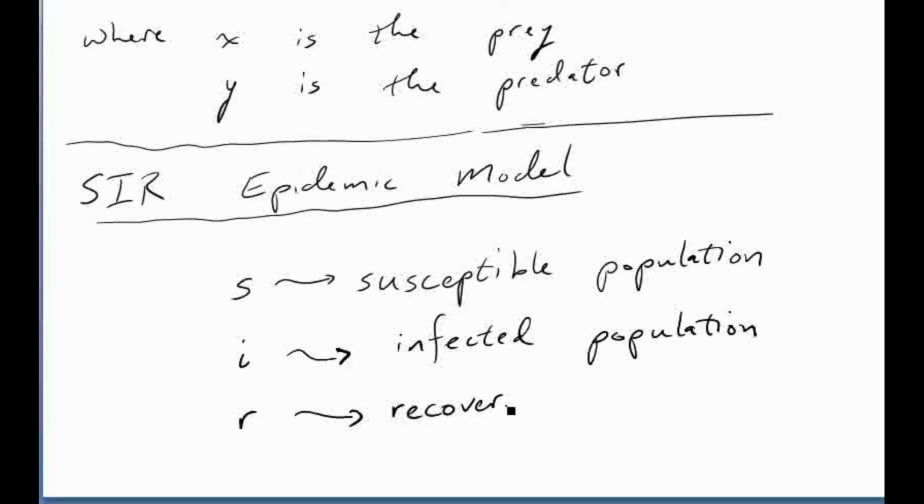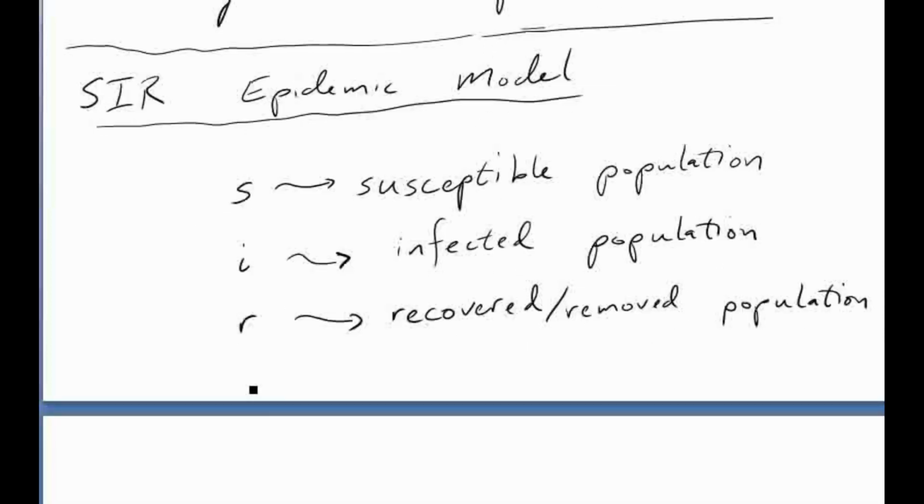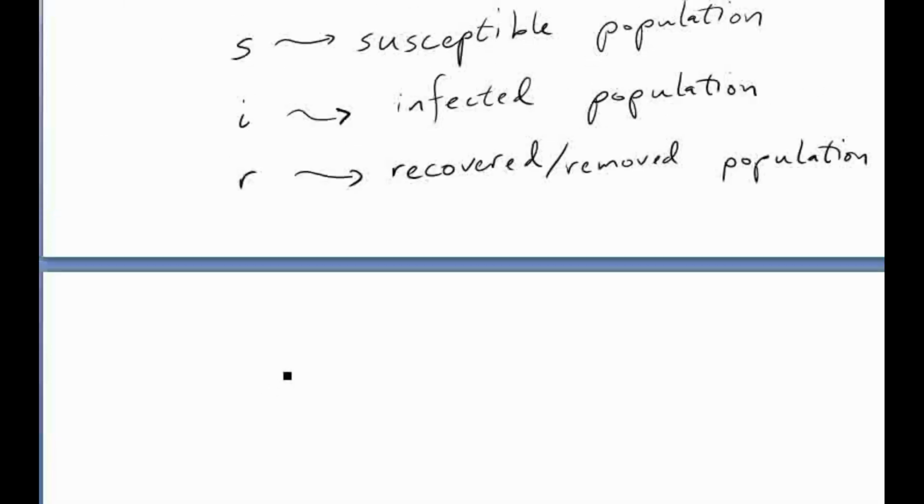So recovered/removed population. These are people who are no longer susceptible, either because they have recovered and are now immune, or perhaps they are deceased and no longer eligible to get the disease.